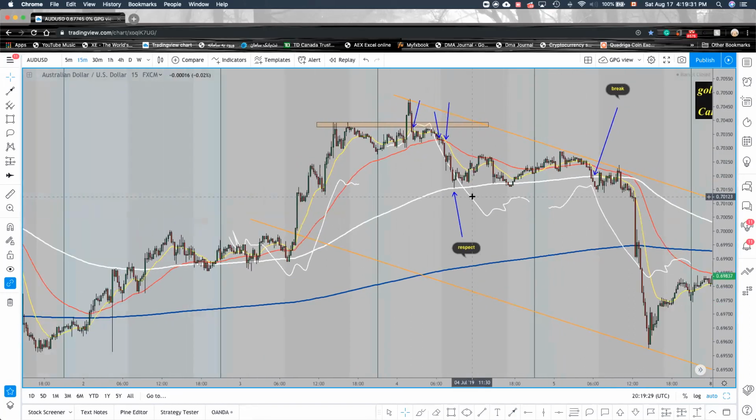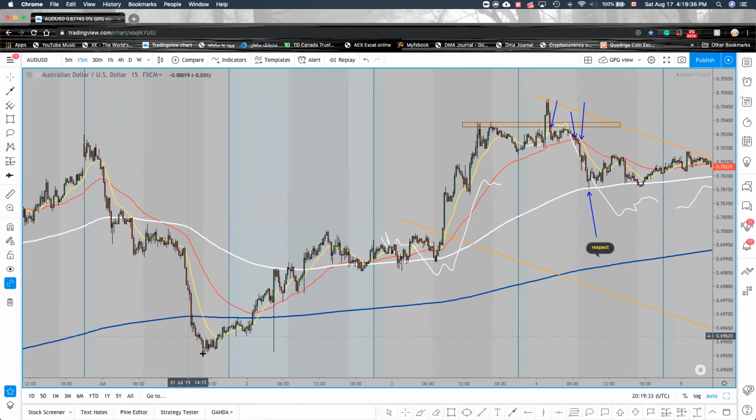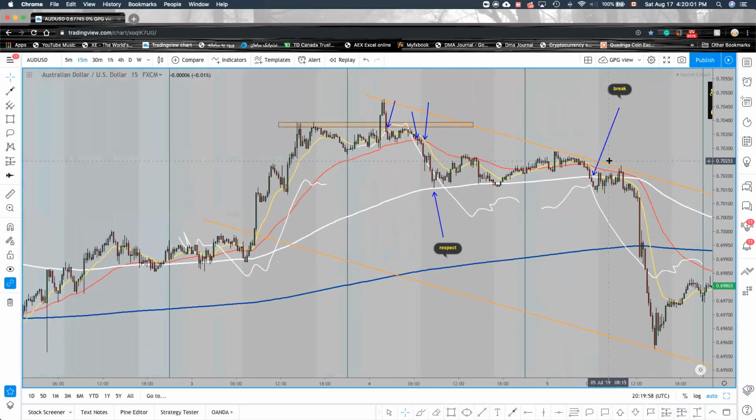I already have my bias based on market structure, because from Sunday, Monday, Tuesday, price formed higher highs. Now the zone, the high of the week, was broken, trapping people, inducing them to buy. And I think price is going down, but I'm waiting. Why? Because I'm not having the confirmation that I want based on candlestick story.